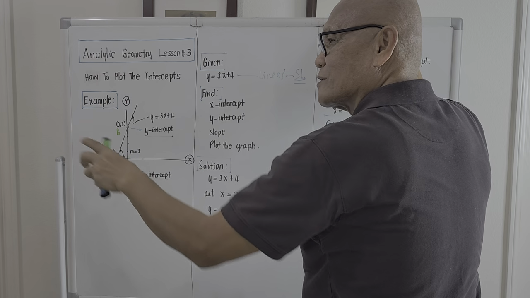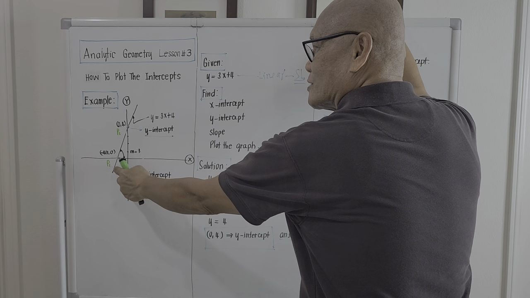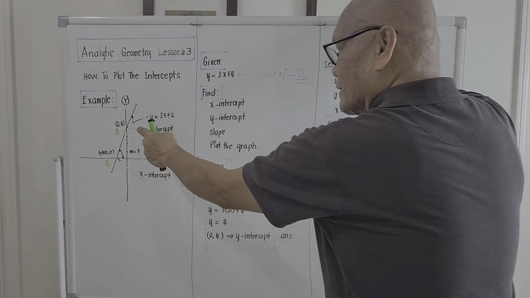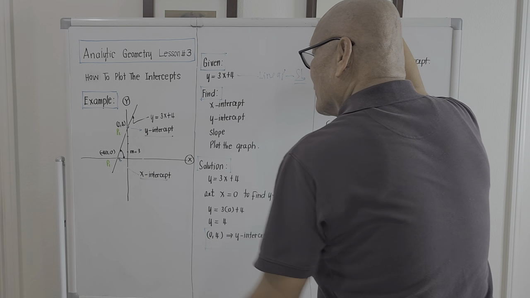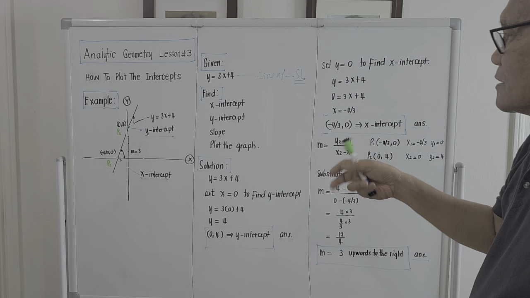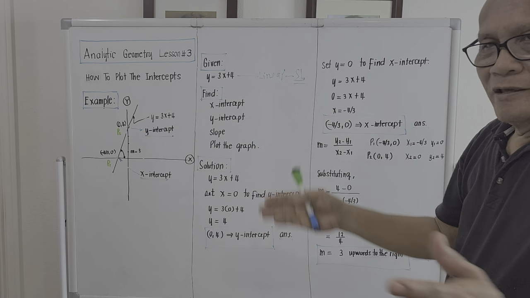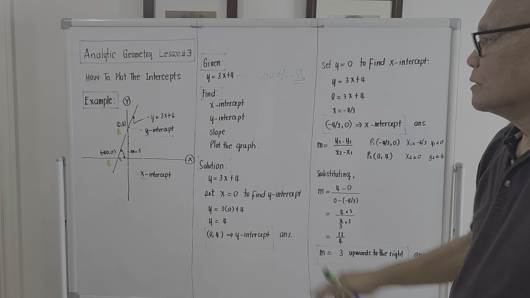The problem will be asking where is the location of the y-intercept and the x-intercept, and the discussion will be on how to compute for the coordinates of the y-intercept and x-intercept. X-intercept meaning what will be the coordinates of the x-intercept.